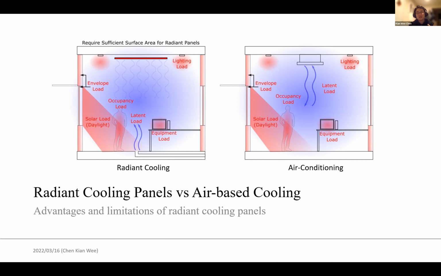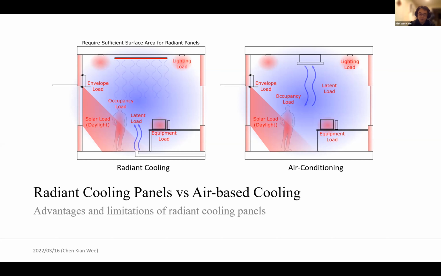So that's where the problem comes in. When you're designing the building at the early stage, you want to make sure that your form is well designed, so that the loads would never go over the capacity that the radiant panels can give.